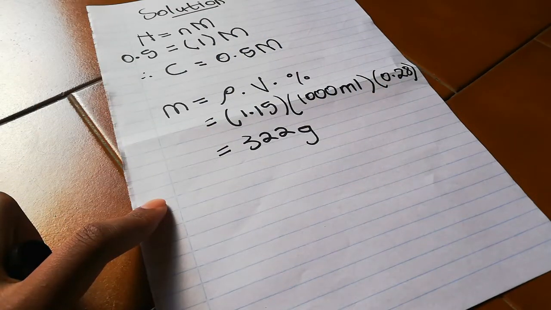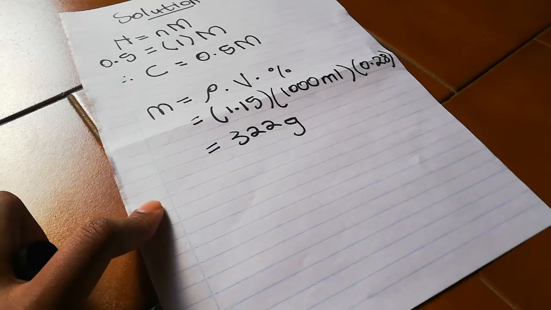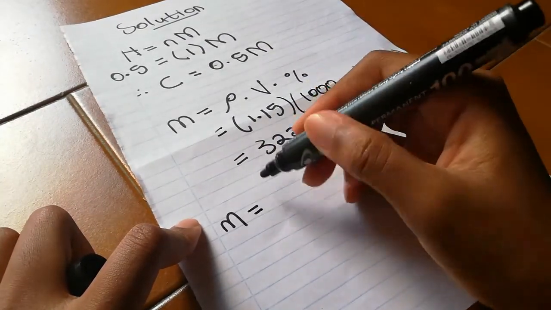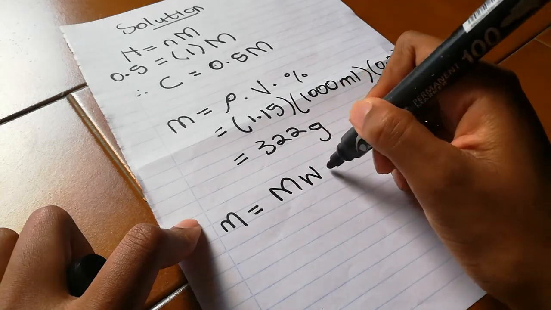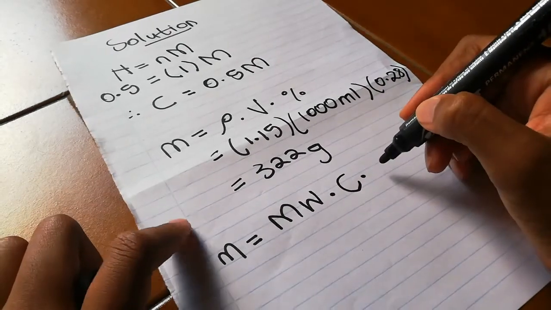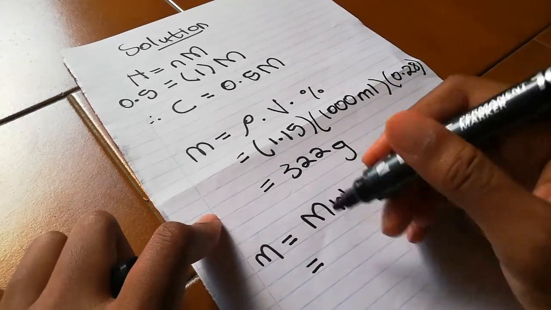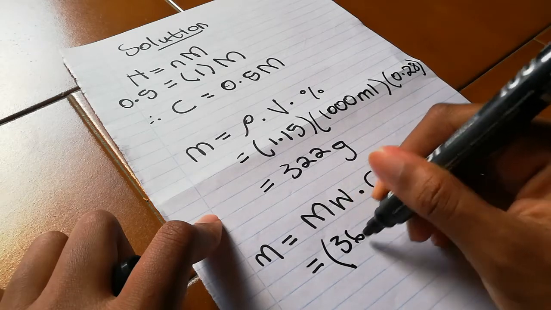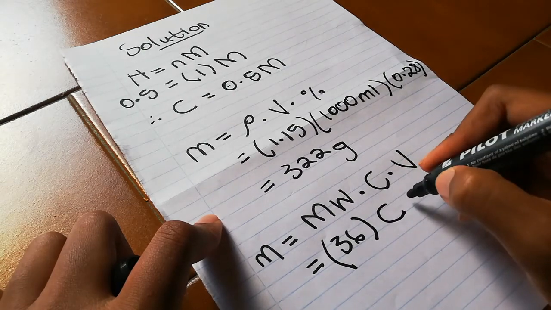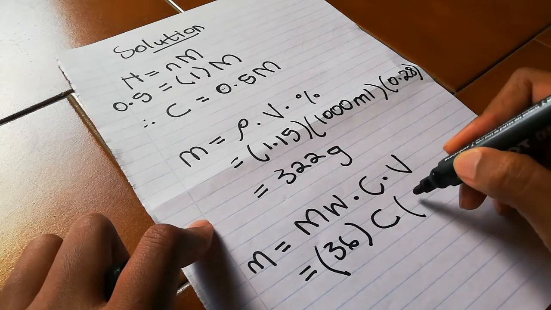Now that we have the mass, we can use it to determine the molarity of the concentrated hydrochloric acid solution using this equation: mass equals molecular weight multiplied by molarity multiplied by volume. We were given the molecular weight as 36. We are looking for the molarity, and we have our volume now as 1000 milliliters, which is 1 liter.